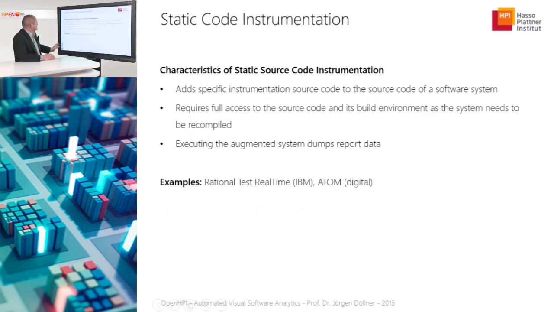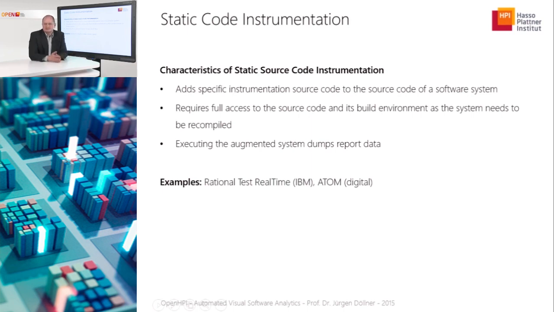Let's start with static code instrumentation. The characteristics include that specific instrumentation source code is infiltrated, is added mostly automatically to a software system. It requires, of course, full access to the source code, and we have to rebuild the system.